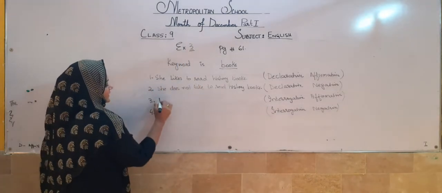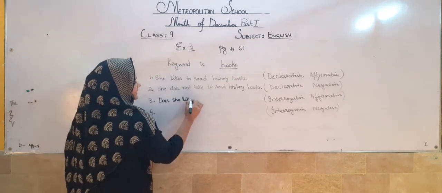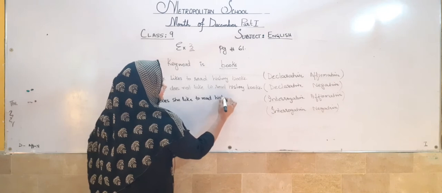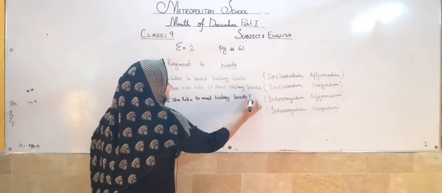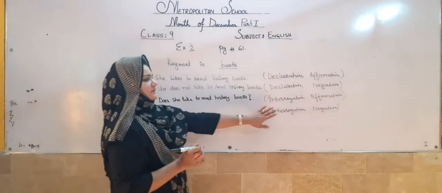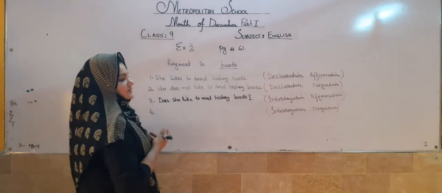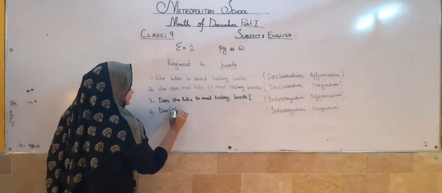So, does she like to read history books? Okay, this is a question but in affirmative form. Now I am going to change it into interrogative, negative. So, doesn't she like?